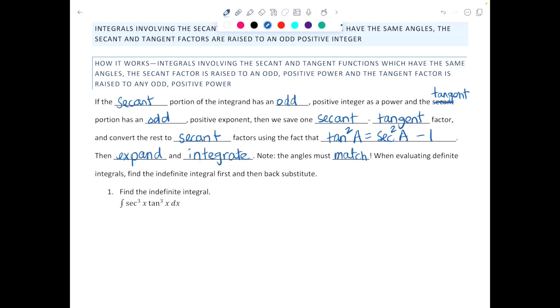Here we go. Both of them are odd. So we will have secant at x squared times tangent squared at x times secant at x times tangent at x dx. Good so far? Equals the integral. I want to keep my secant factors.